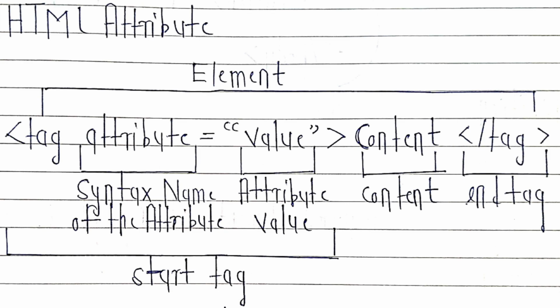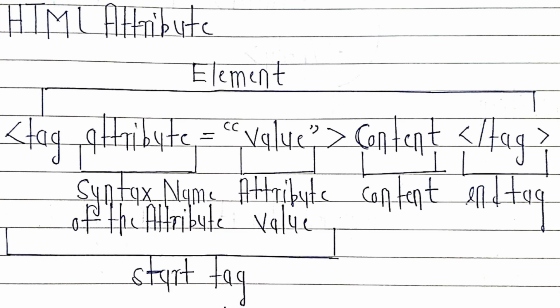Inside that start tag, we have an attribute written as attribute value. Next, we have the content that appears on the web page. And finally, we close it with an end tag.